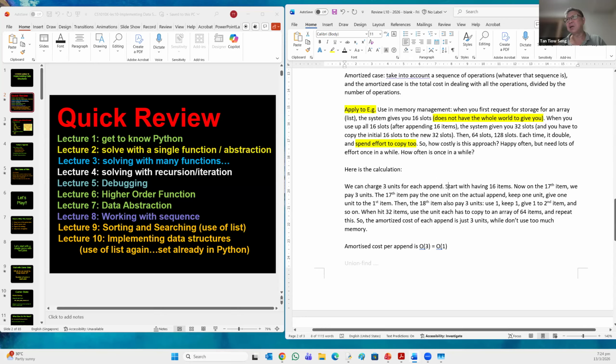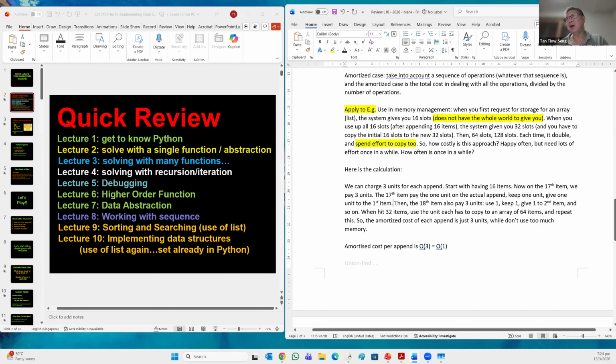For example, starting with 16 items, now you're on the 17th item. What happened is that we pay 3 units. The 17th item pays 1 unit for the actual append, so he himself consumes it. He keeps 1, and then he gives 1 to the first item. So at this moment, the 17th item has a credit of 1 unit, and the first item also has a credit of 1 unit.